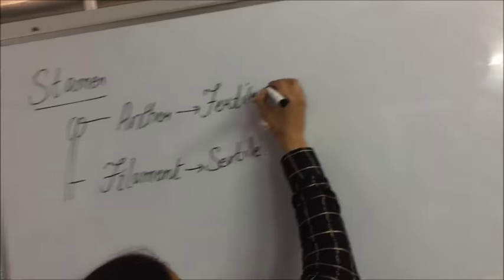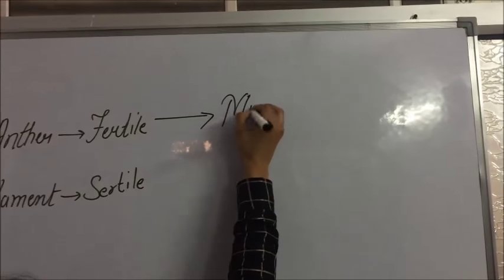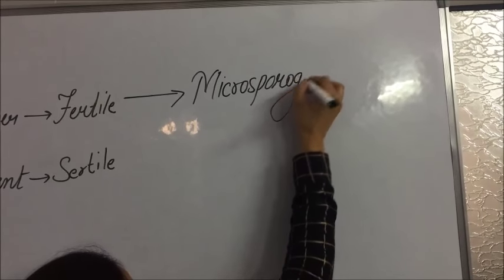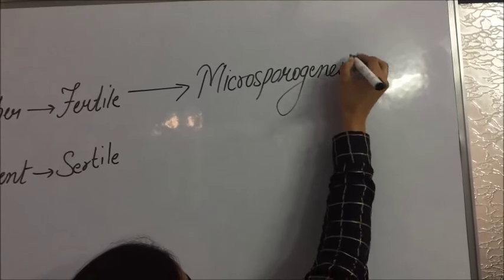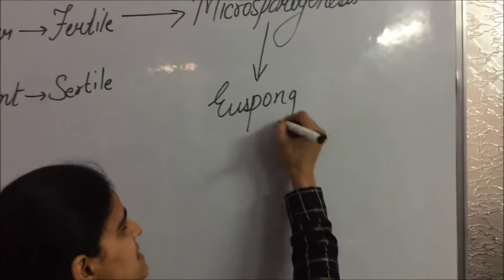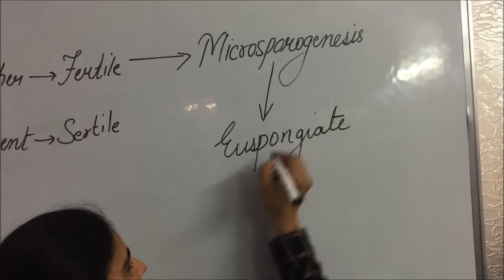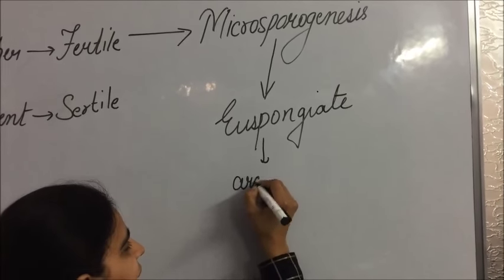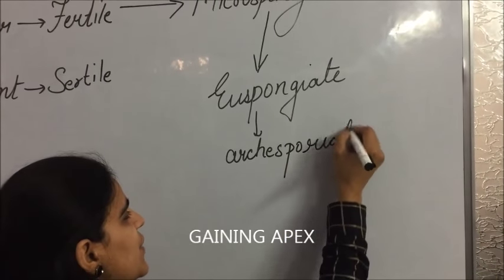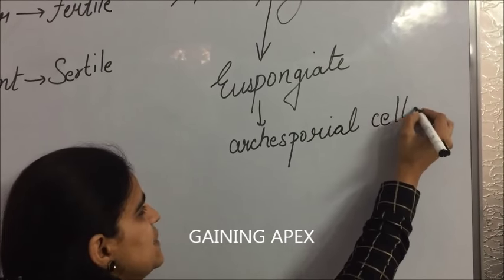And now, microsporogenesis. It is a eusporangiate type. Eusporangiate type means that it starts from archesporial cells; anything in bio which starts from archesporial cells is known as eusporangiate type.